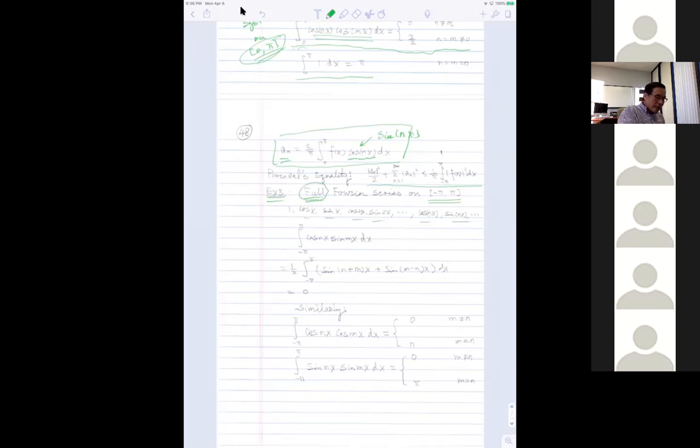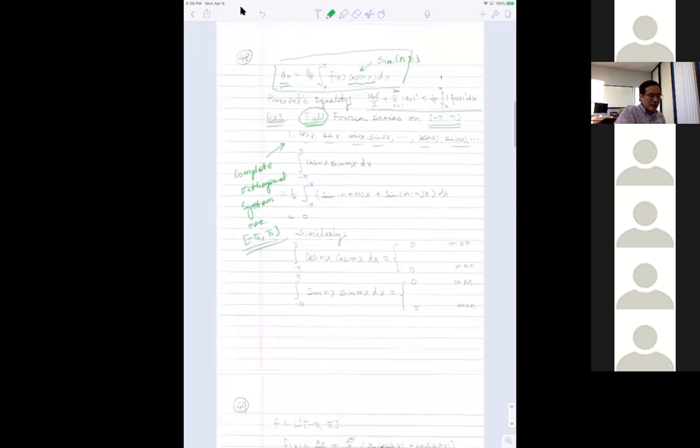Now this again is a complete orthogonal system. But let me emphasize that this orthogonal system is on the interval from negative pi to pi. In our previous tool, it was from 0 to pi, but here it's from negative pi to pi.